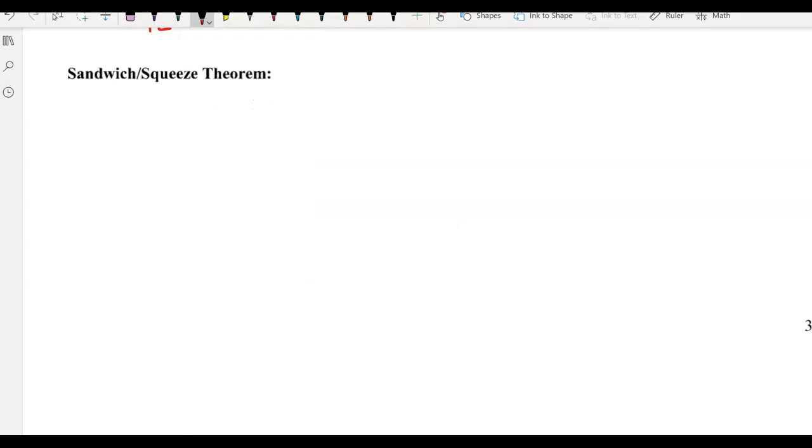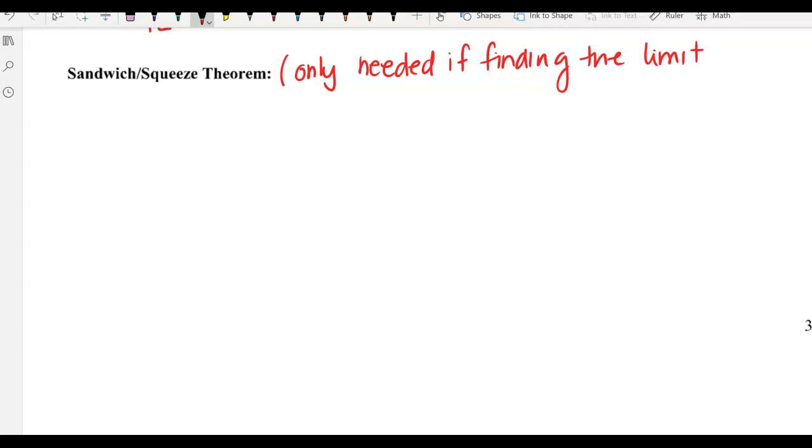So it says here, we only need to use this only if we are finding the limit of a function that oscillates.